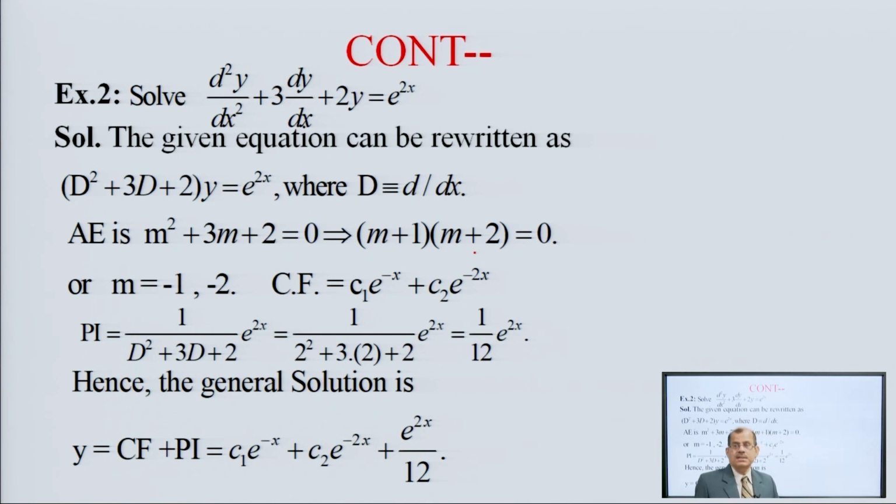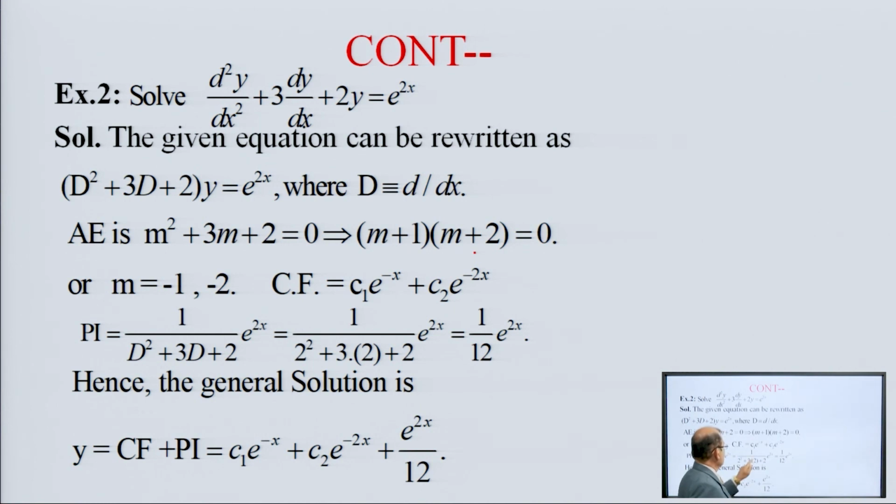The auxiliary equation is obtained by replacing D with m, which means m square plus 3m plus 2 is equal to 0. Factors are m plus 1 and m plus 2 equal to 0, which means m is equal to minus 1 and minus 2.